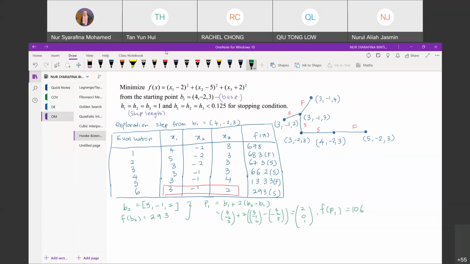Clear? Then we proceed. Our next exploration should be explored from P1. FP1 equals 106. Anyone has question?